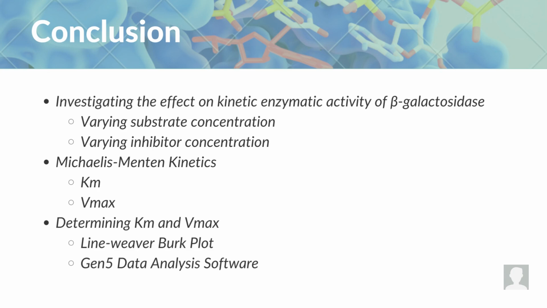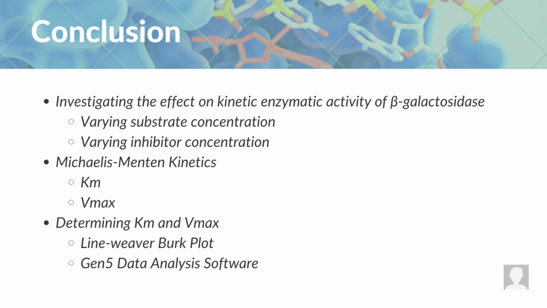For both experiments, it was proven that once the enzyme was saturated with either substrate or competitive inhibitor, the Vmax would be reached. Next, we explored the Michaelis-Menten kinetics, which essentially sums up the relationship between Km and Vmax with respect to the substrate concentrations. These 2 parameters are important because they allow us to study the effect on enzyme kinetics that can provide useful insights for various reaction mechanisms, hence allowing the optimization of bioprocesses.